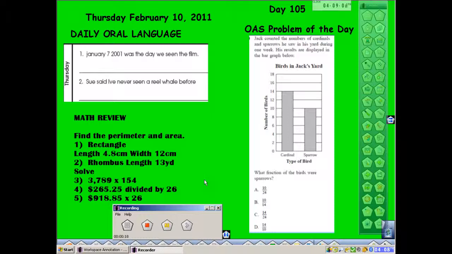And just make sure you show your work and write everything out neat. And go ahead and pause the video right here, complete your morning work, and then when you're finished, you can hit play and continue the video.